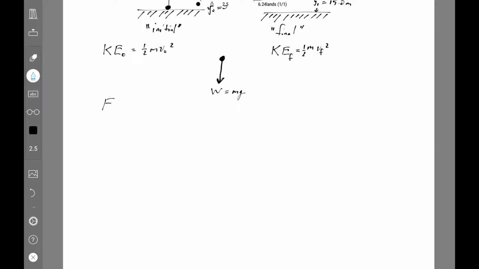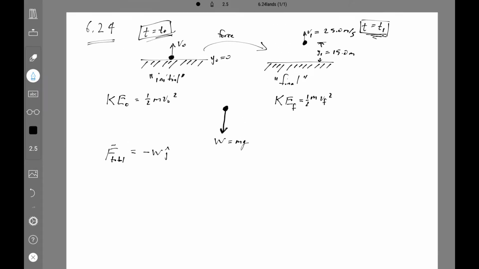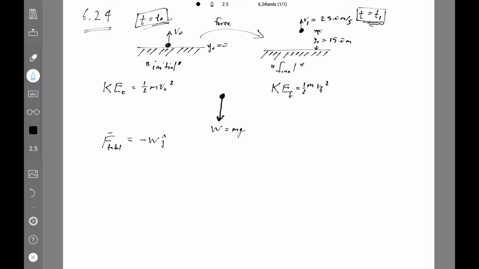So therefore, the total force on the rock is equal to negative W j hat. What is the displacement of the rock between these two states? I'll call the displacement vector S, and we're going up a distance y1 in the j hat direction.